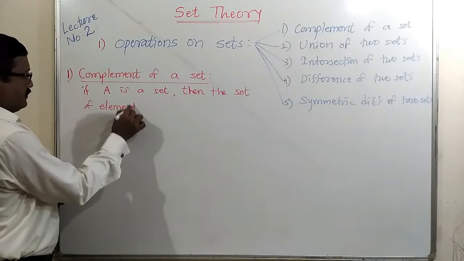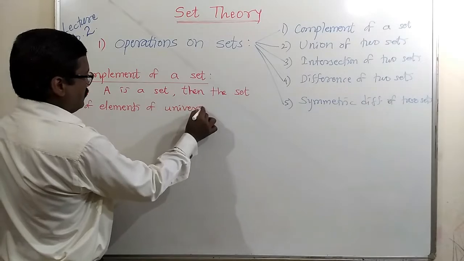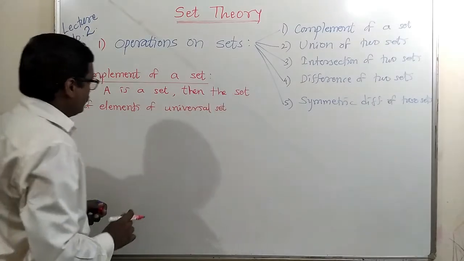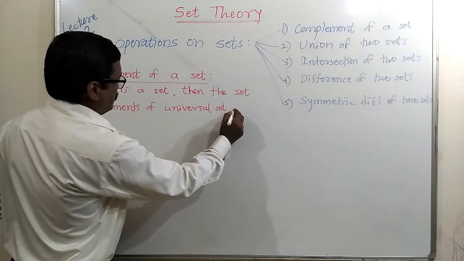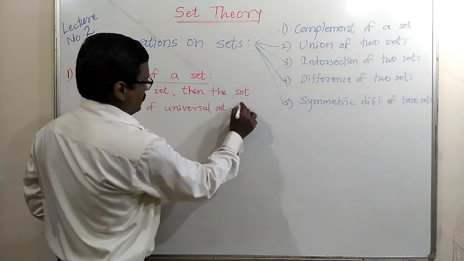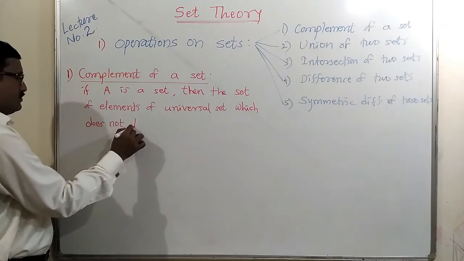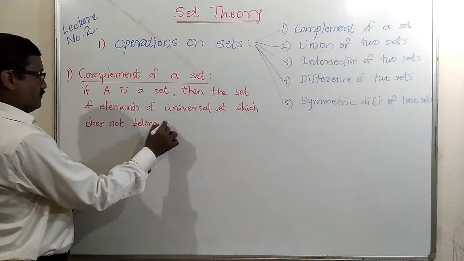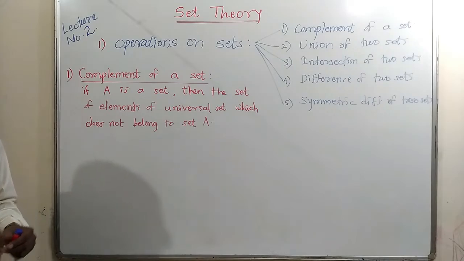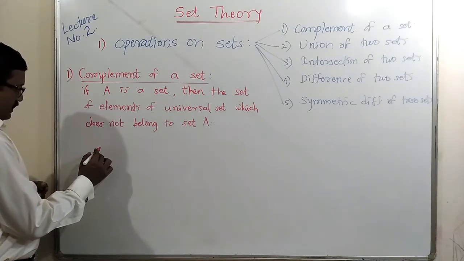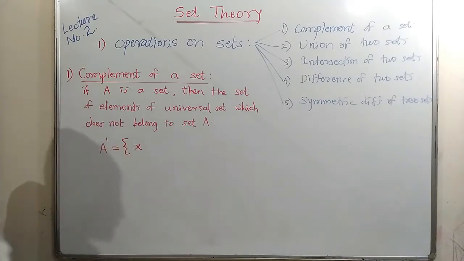If A is a set, then the set of elements of universal set which does not belong to set A, means it's a set of elements which are not in set A, means A complement is a set of X.